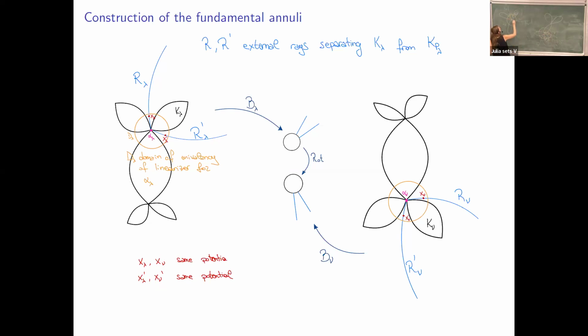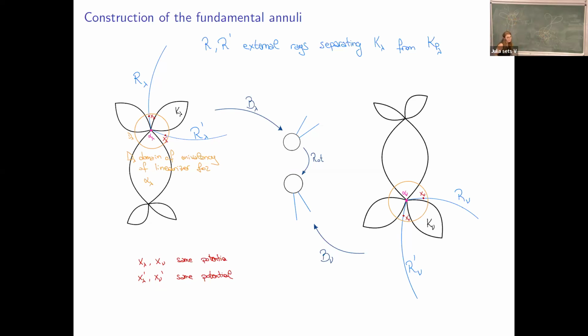And the same on the other ray, x lambda prime. These two do not need to be in the same potential, but this guy needs to be in the same potential as this guy. Because the Böttcher map will send this guy to this guy.